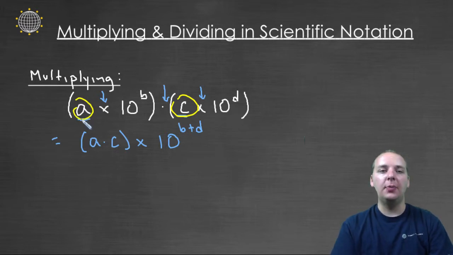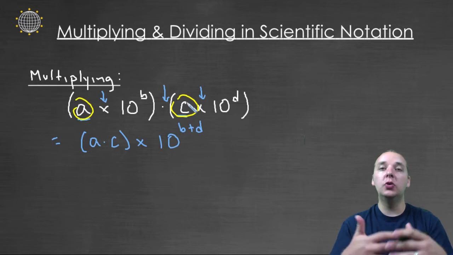What often happens is you might have a number a that has just a ones place, and a number c that has the same, but when you multiply them, it turns into a double digit number. For instance, you might have 3 and 4, which are both okay, but 3 times 4 makes 12.